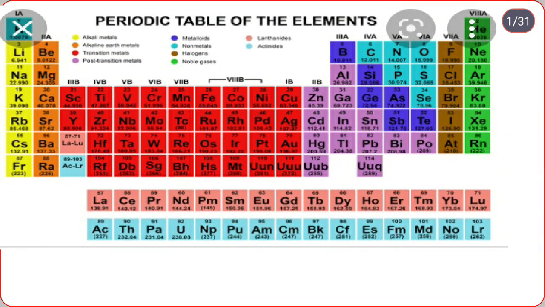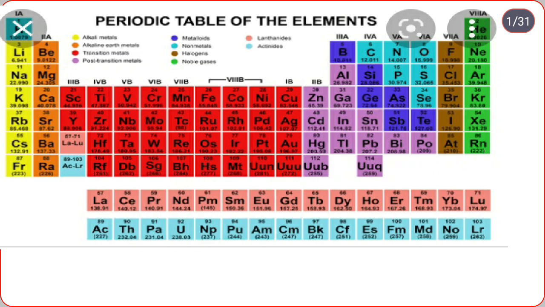Let us see multiple choice questions from topic F block elements. Friends, you know that the periodic table divides into four blocks, that is s block, p block, d block and f block.